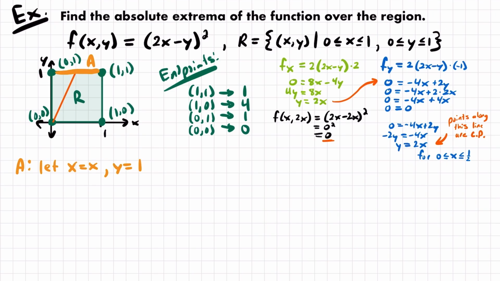And what we're going to do is redefine our multivariable function using x equals x and y equals 1. So we'll get f of x, comma 1 instead of f of x y, and then plugging in x for x and 1 for y, we'll get 2x minus 1 squared, right? 2x stays the same, but then we subtract 1 instead of y because 1 is y. Okay, and so this right here represents the equation of the curve that would make up this boundary in 3D space.